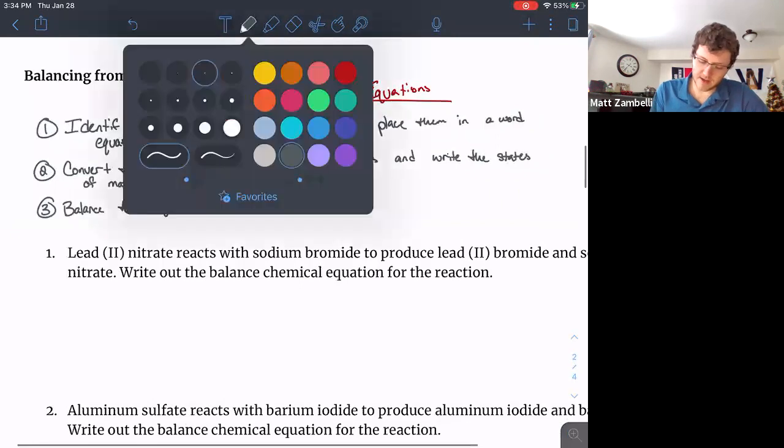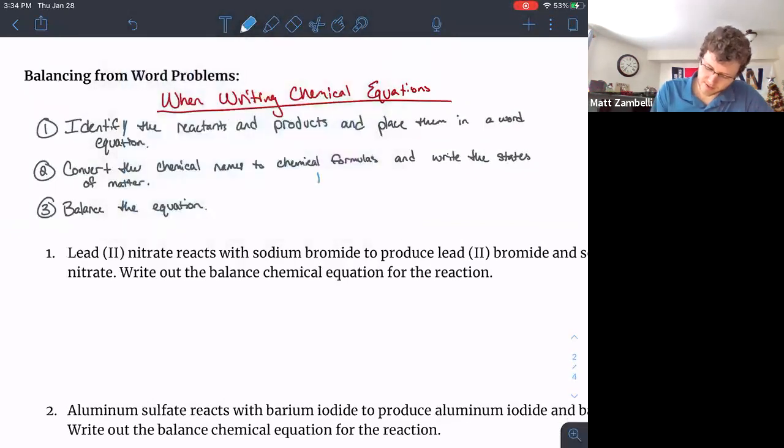And there is a small hint to remember, so I'm going to write that right here. Hint. Remember that produced or made is a yield sign or the arrow separating our reactants from our products.